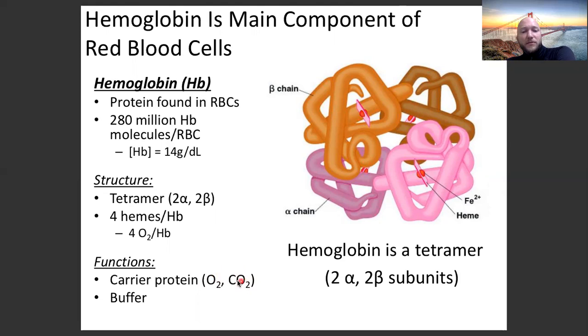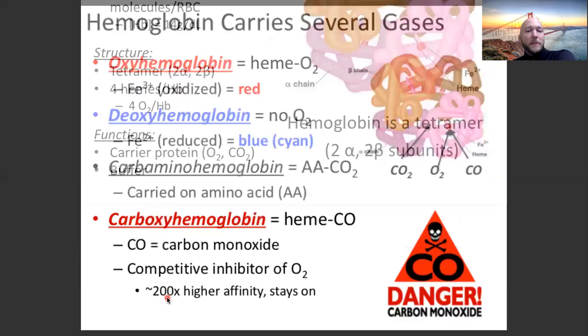CO2 can also, and CO, carbon monoxide, we'll talk about on the next slide. It's also a buffer. I've asked questions on that before, like which of the following is not a function of hemoglobin, and it does have some buffer capacity.